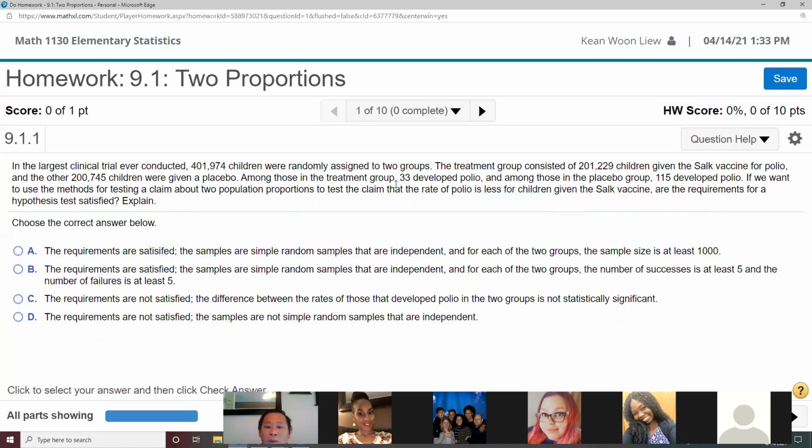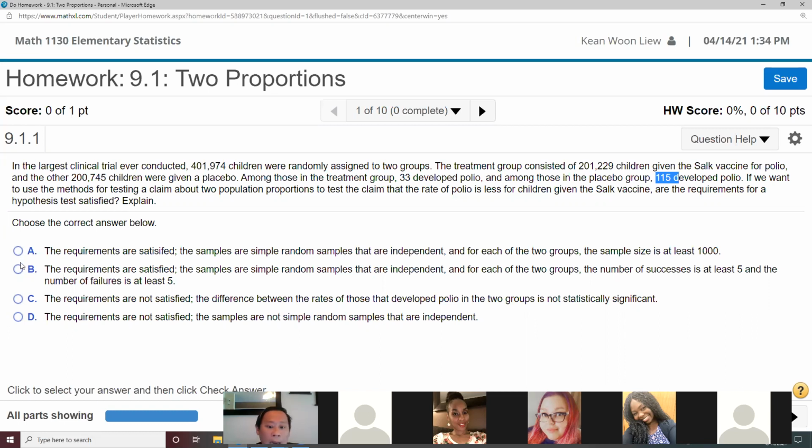Among those, 133 who got the vaccine develop polio, and 115 who got the placebo develop polio. Do we fulfill the requirements? Yes, it's a random sample, and there are more than 5 people in each group. So in this case, your answer is A.